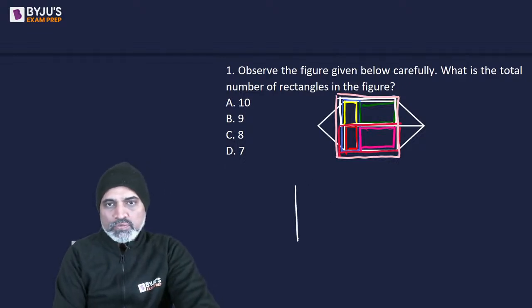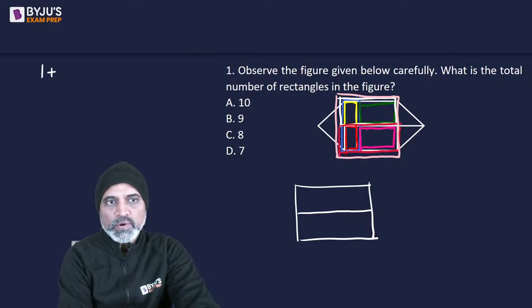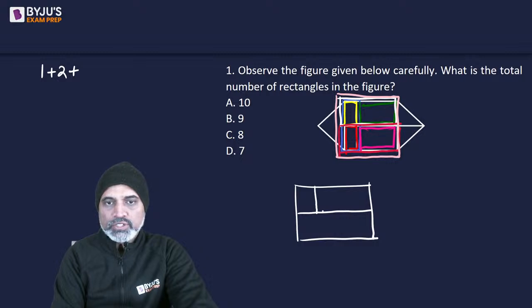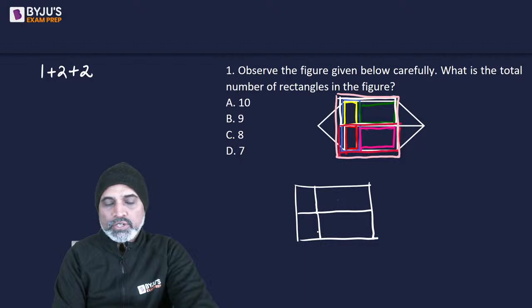If you look at the figure, we have this particular rectangle, which is 1. This is 2 more. Okay, let's redraw it. So we had 1, then we have 2 more. And the moment I draw this, I'll get 2 more. The moment I draw this, I'll get 2 more.